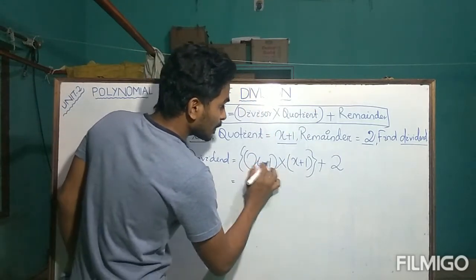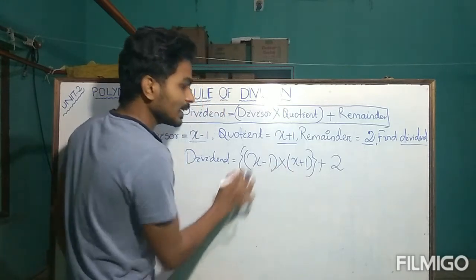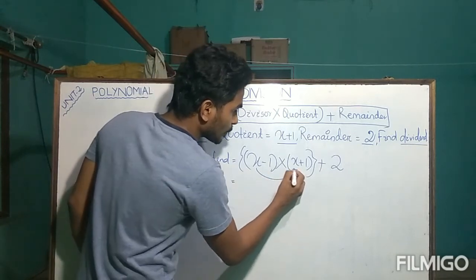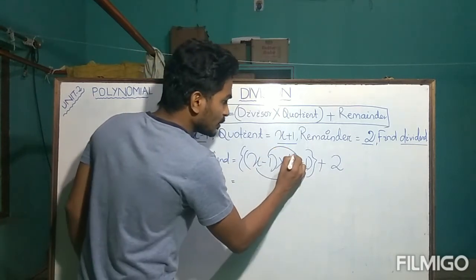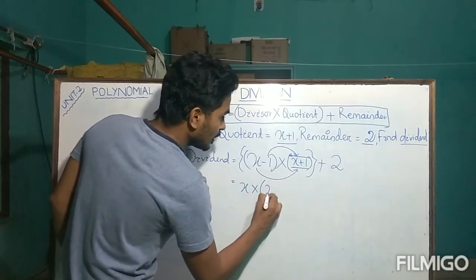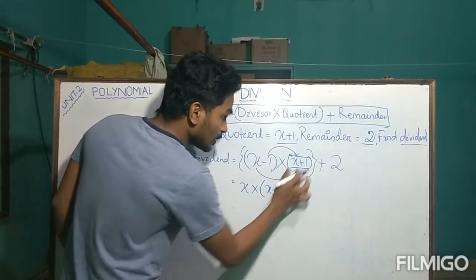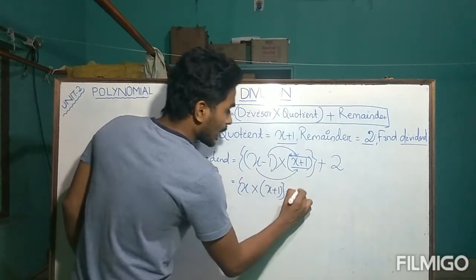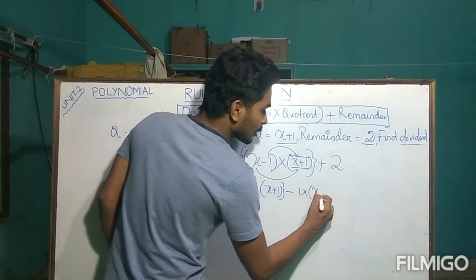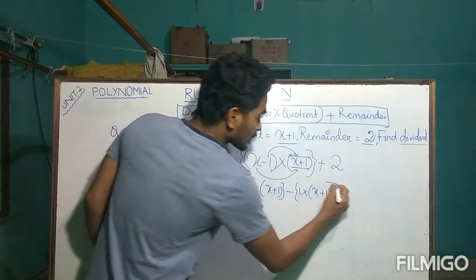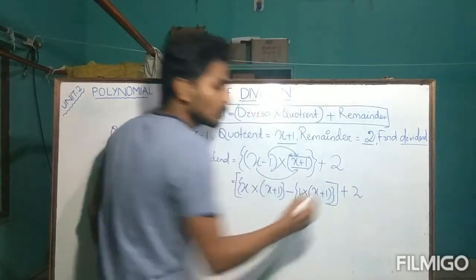Now we will multiply these two polynomials using the distributive law. x into the whole of x plus 1, minus 1 into the whole of x plus 1, and then plus 2.